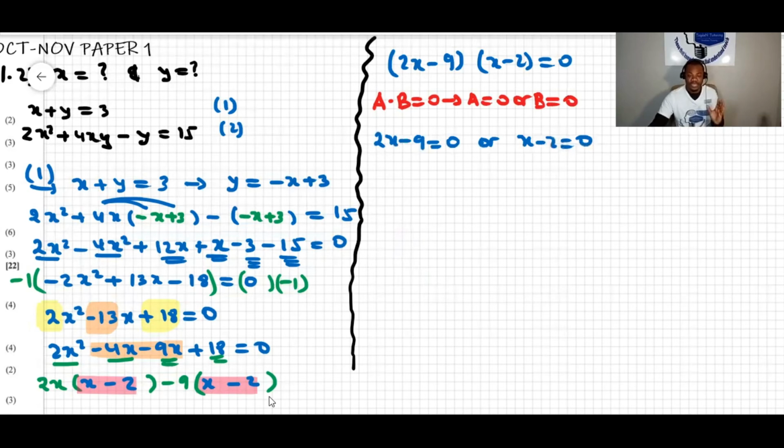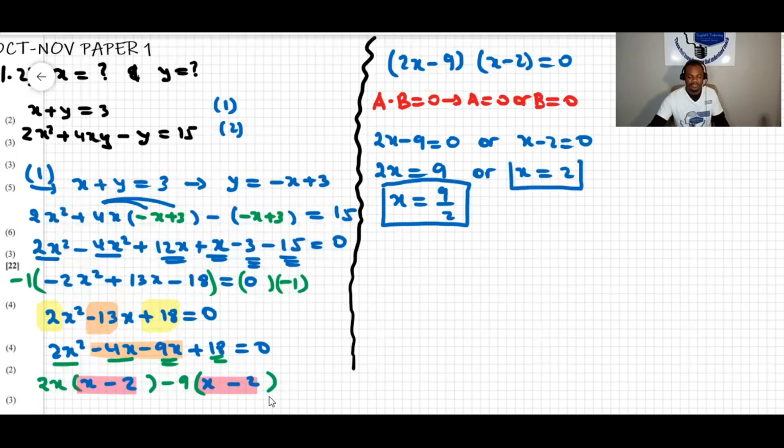If we move the negative 9 over, that makes 2x is equal to 9, or we move the negative 2 over, that makes x is equal to 2. Over here, this makes x equal to 9 over 2 if we divide both sides by 2. So now these are the x values of the equations.